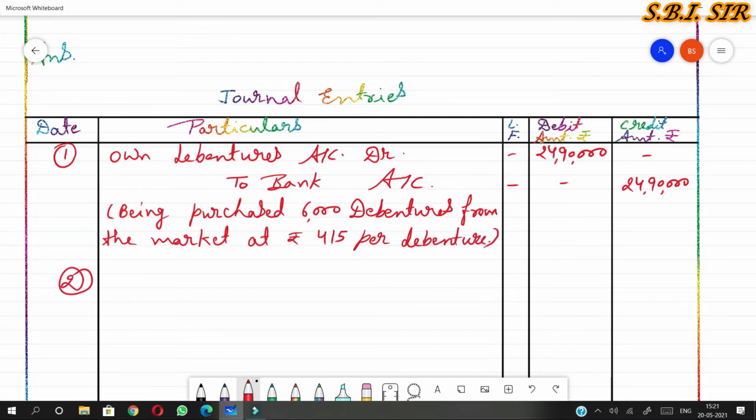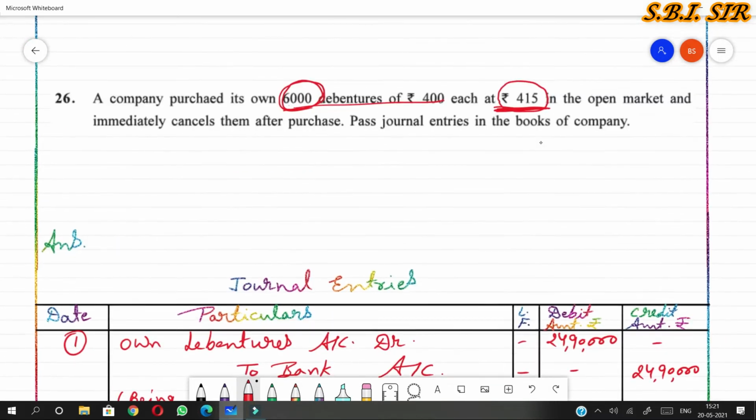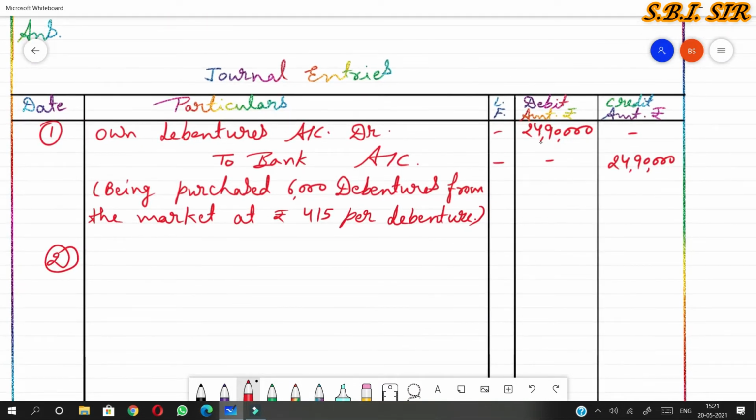Then students, in the next entry, the company will immediately cancel them after purchase. Then the entry will be for the cancellation of debentures. So debentures account debit. And here face value will be transferred to debentures account, means 6,000 multiplied by 400.